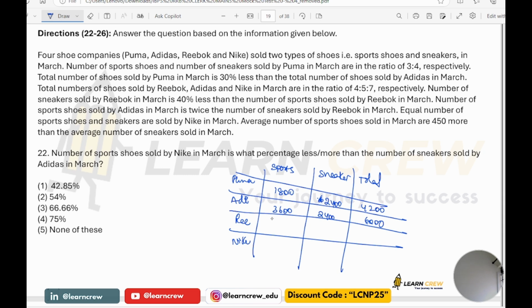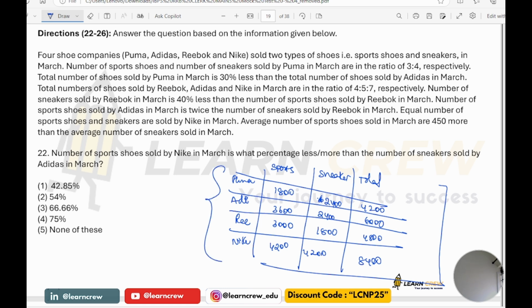And how much is it? 3000. 3 into 600, 1800. So it is 4800. It is 4200. So it is 8400.